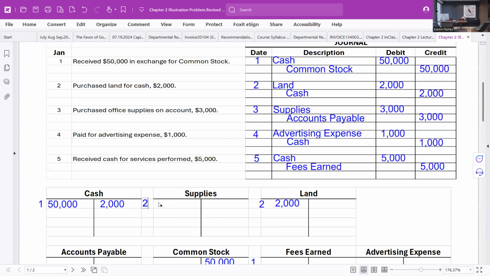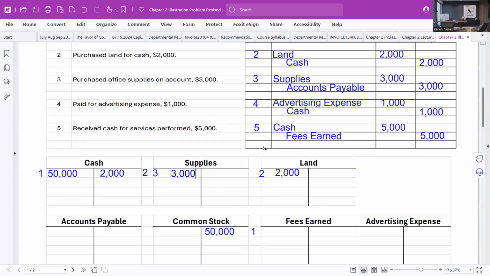And then on the third, we've got a debit to the supplies account for $3,000. And then also on the third, we've got a credit to accounts payable. And the credit to accounts payable is $3,000. And again, that is on the third.